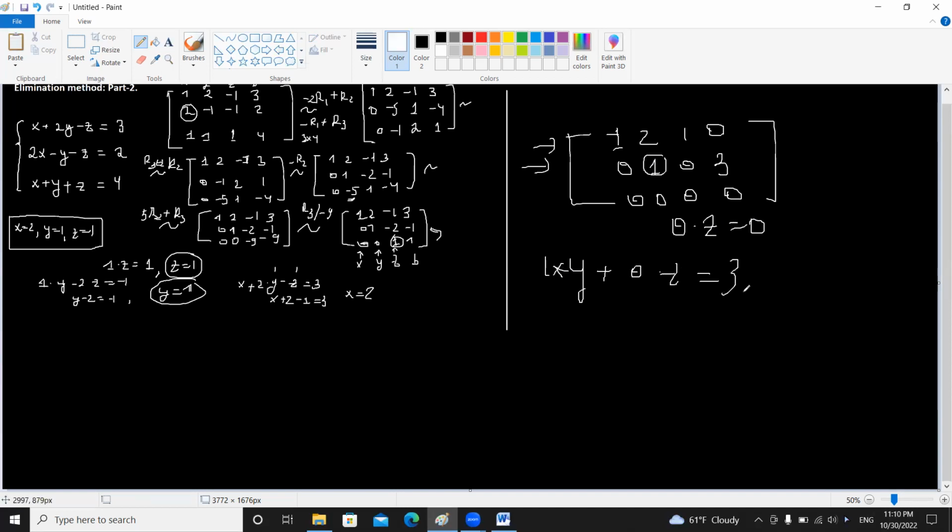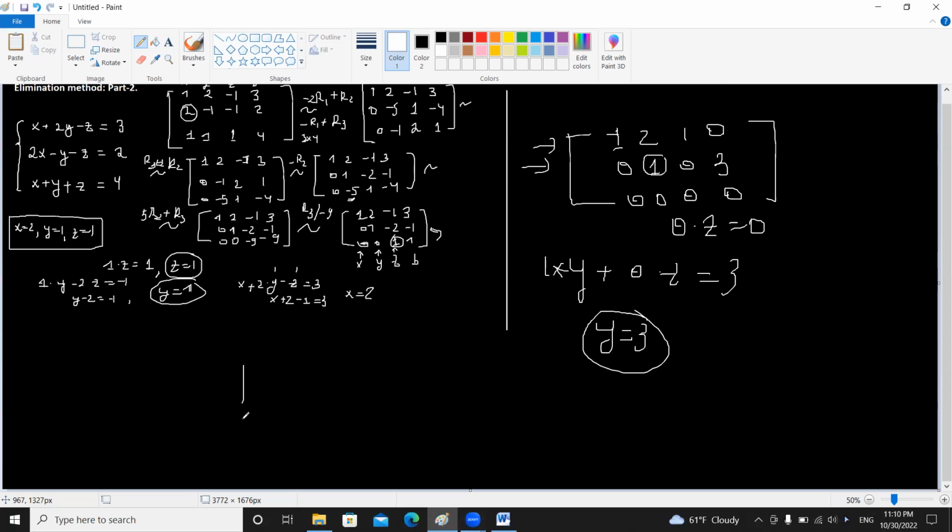From here we get y equals to 3, which makes y a dependent variable, so it's not free, but z is a free variable in our case, and it means that the system will have infinitely many solutions. So again, the system might have only one solution. It might have infinitely many solutions. We are talking about the linear systems, of course. And also there can be a no solution case.